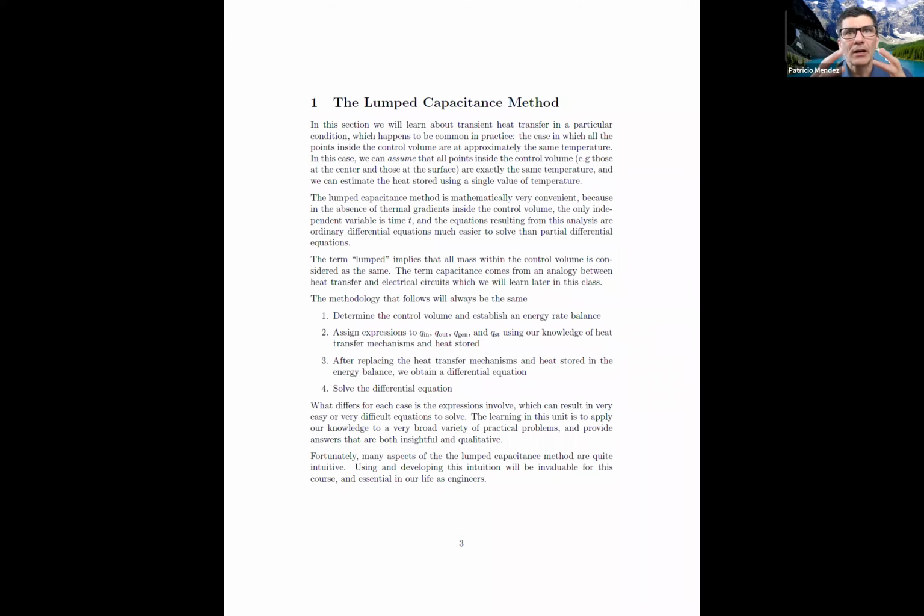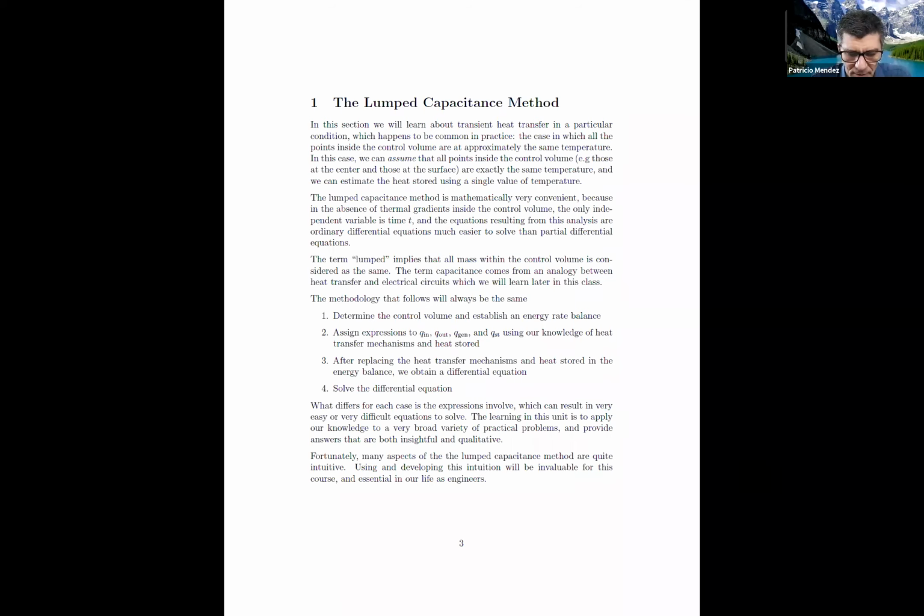Now we can combine this energy stored that we know because the temperature is the same in the whole body with our knowledge of how heat is gained or lost through the surfaces by convection or radiation, right? How is it lost through the surface? Could even be contact.